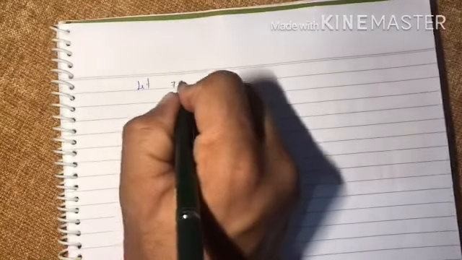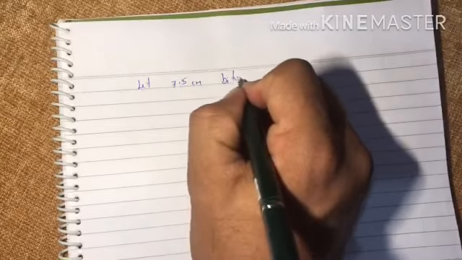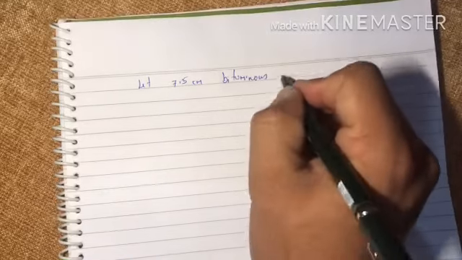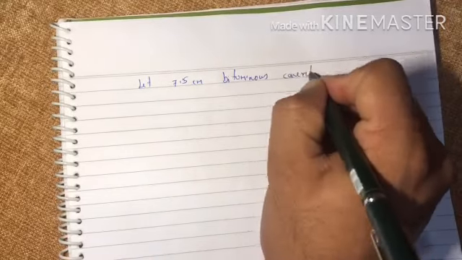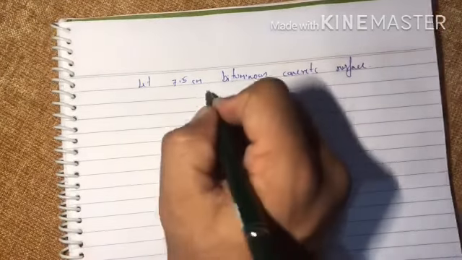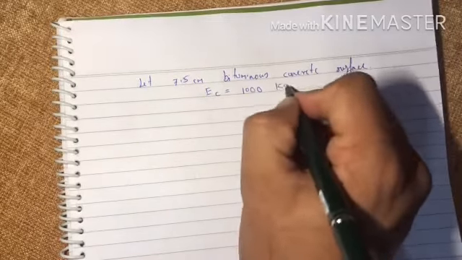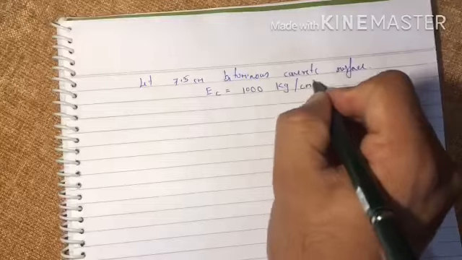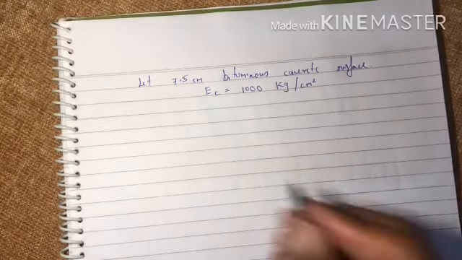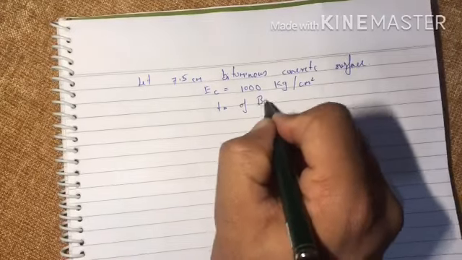Taking that into consideration, let the 7.5 centimeter bituminous concrete surface, with modulus of this material as 1000 kg per centimeter square, be equivalent to thickness TB of base course.